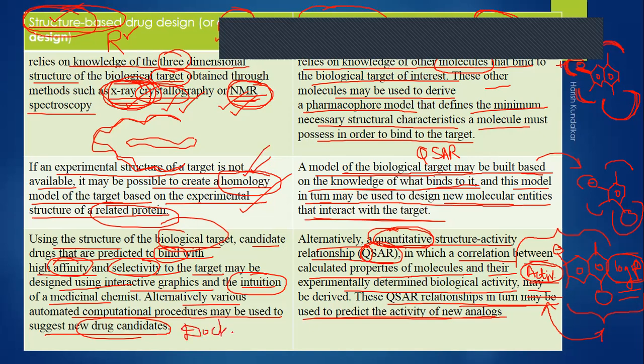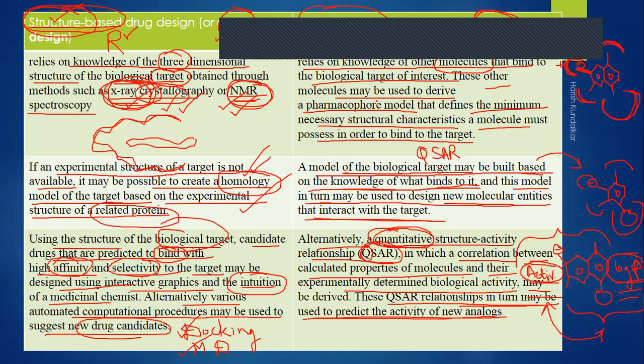Okay, you all must have heard of docking, or maybe few of you must be using it. Docking, this particular kind of software, they're called docking. Or then we have something called molecular dynamic simulation, MD. So these are examples of structure-based drug design.